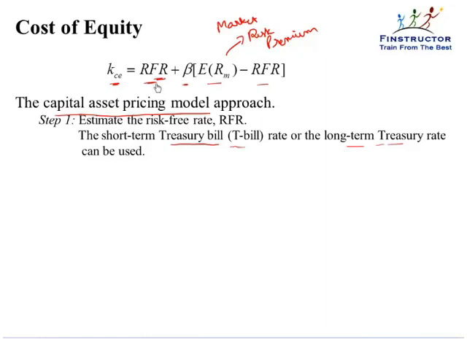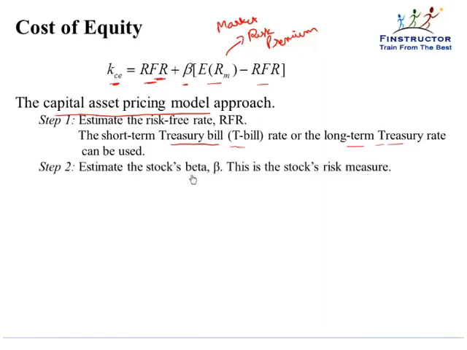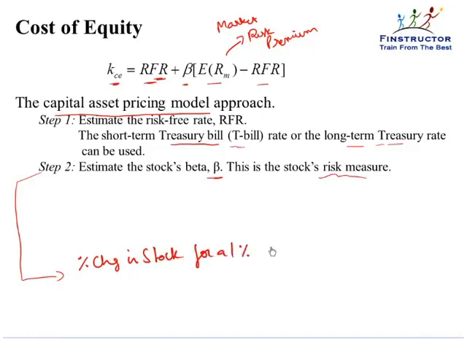Once you've estimated the risk-free rate, you need to estimate the stock's beta. So beta is a risk measure. We will explain it in detail in another review, but understand it is defined as the percentage change in the stock for a 1% change in the market.